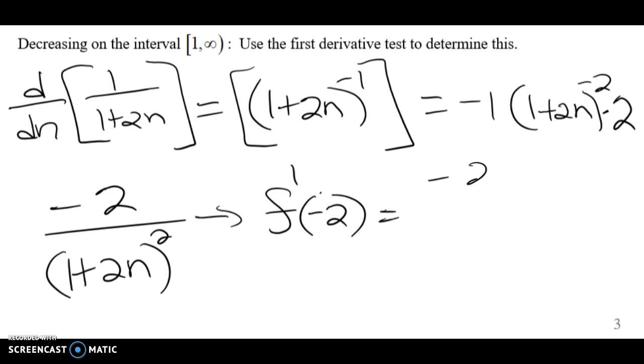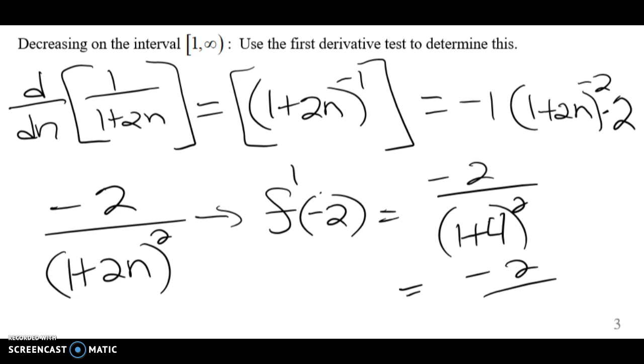We have -2 over 1 plus 2 times 2, so that's 5 squared. Cleaning this up, we have -2 over 25. Since we have a negative value here, we know that the function is decreasing on the interval from 1 to infinity.